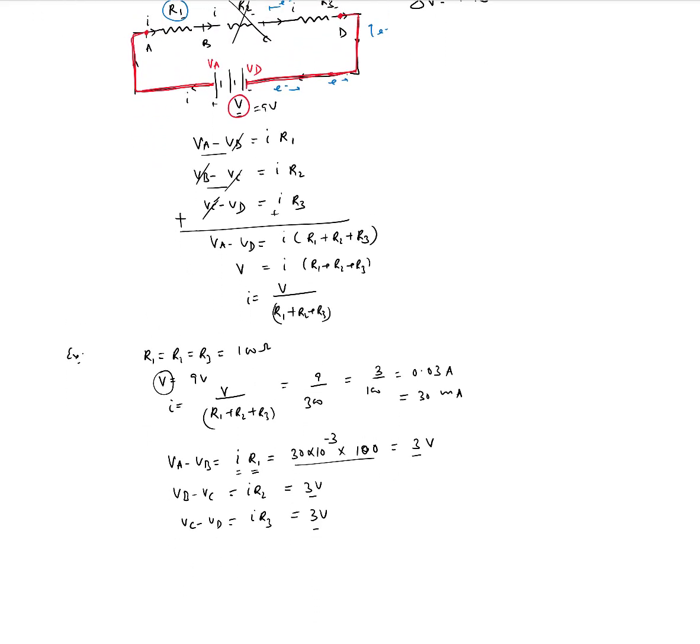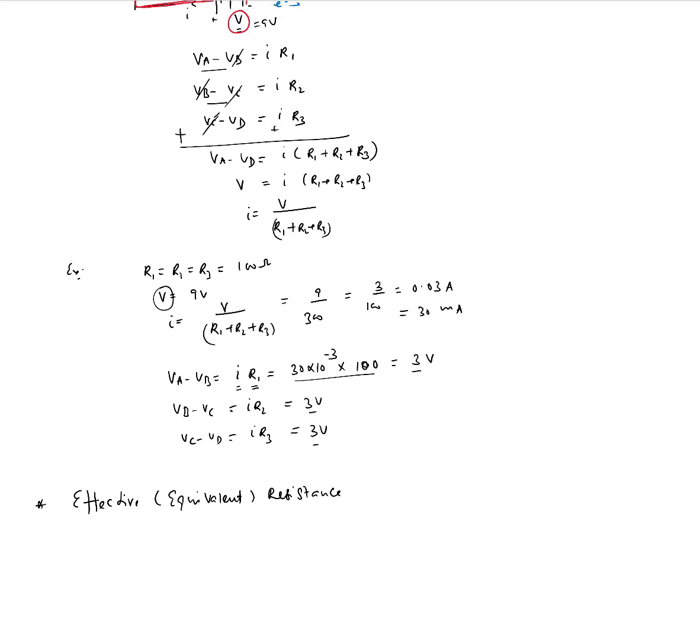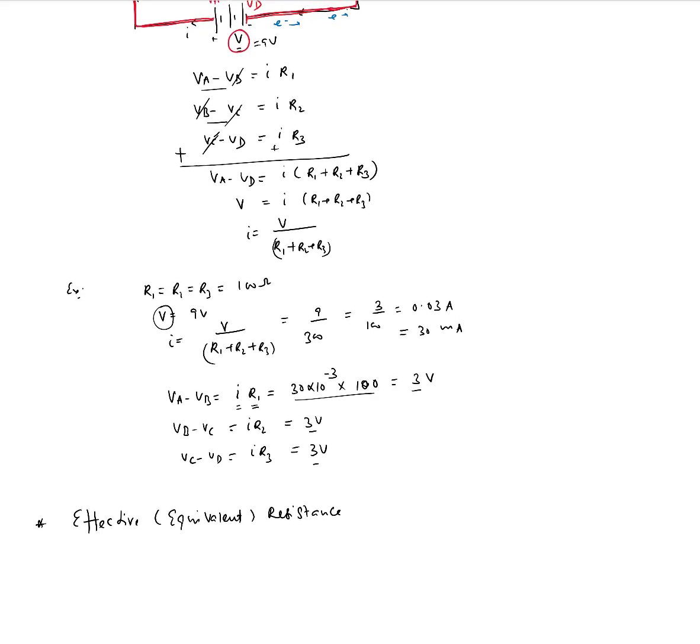Now, another terminology that is associated with the series circuit is something called effective resistance. It's also called equivalent resistance. So effective resistance or equivalent resistance is the resistance as seen by a certain source or between 2 points.